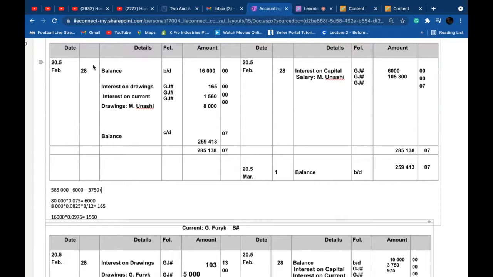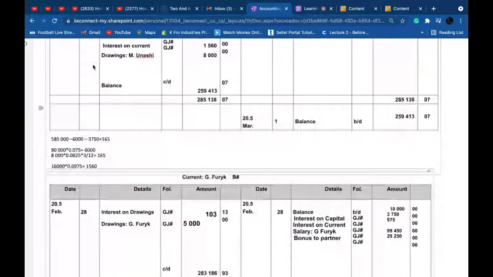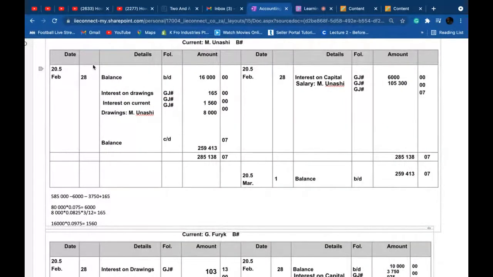That's a positive. Yes, it was interest on drawings. So that was a positive 165 from Unashi and a positive 103.13 from G.